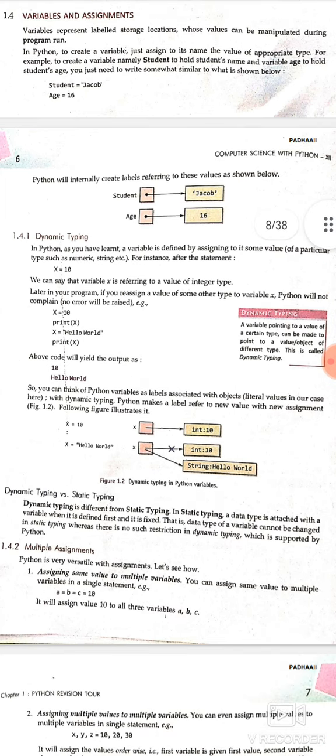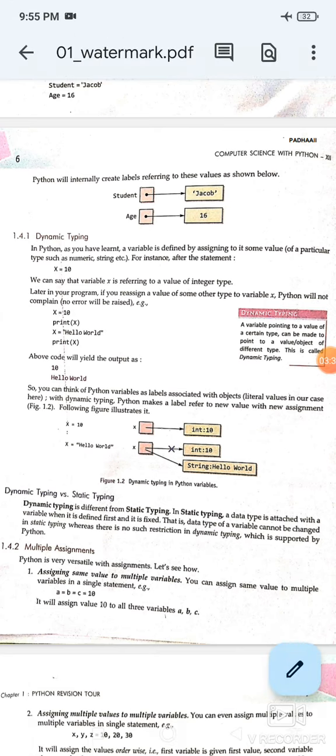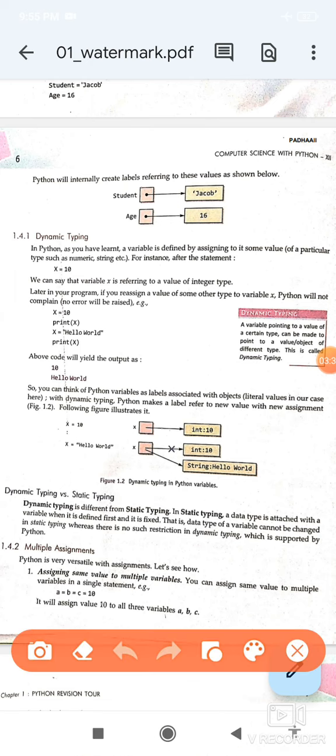What is dynamic typing? Here, you define a variable, say x is equal to 10. Now, later in the program, if you reassign a value to x and say x is equal to 12, what will happen?